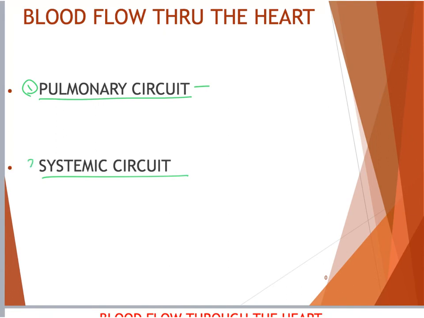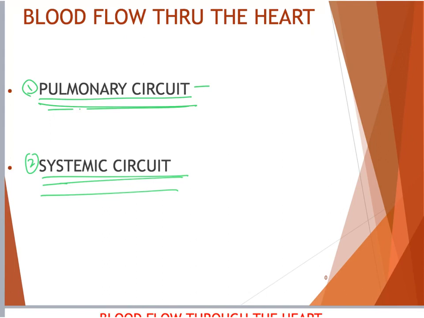The reason that we have two circulatory pathways is this, and this is important for you guys to hear, listen, and maybe write down. The heart is actually two separate pumps that work side by side simultaneously. Those two separate pumps are what give the pumping action to these specific circulatory pathways.